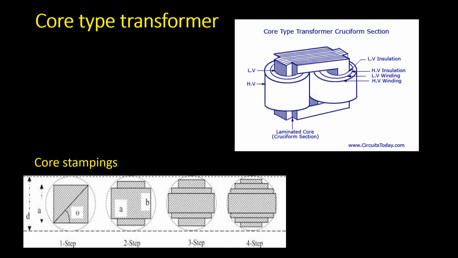The standing part of that core is called the limb. So in that case we have two limbs, and on each limb HV and LV winding is separately wound. In the second figure you will notice that the shape of the core stamping is different. In the first case there is only one stepping.